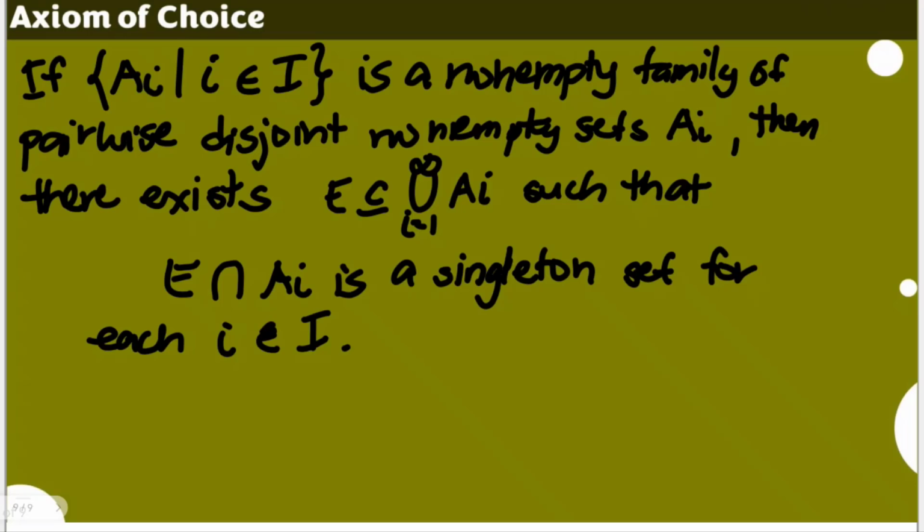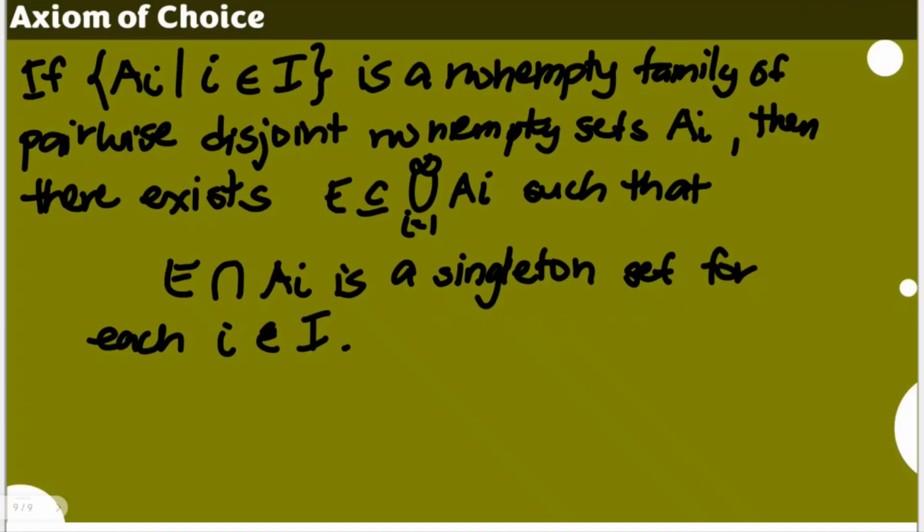What does this mean? As mentioned, the elements of said set are pairwise disjoint non-empty sets. And there would be a subset of the countable unions, let's say E, where the intersection of E to any of those A sub I elements of the set is a singleton. Singleton means there's only one element. That's another term for unit set.